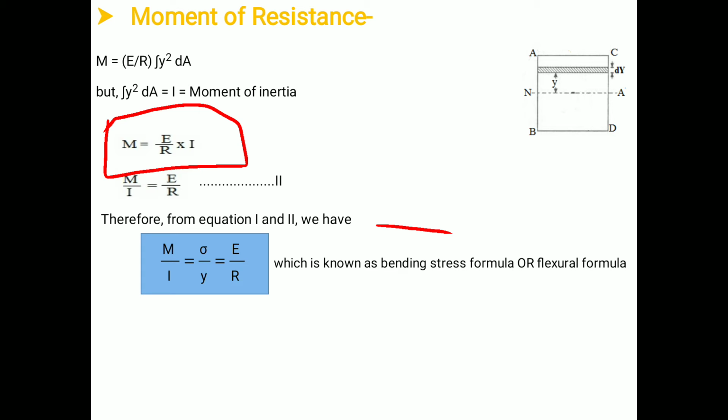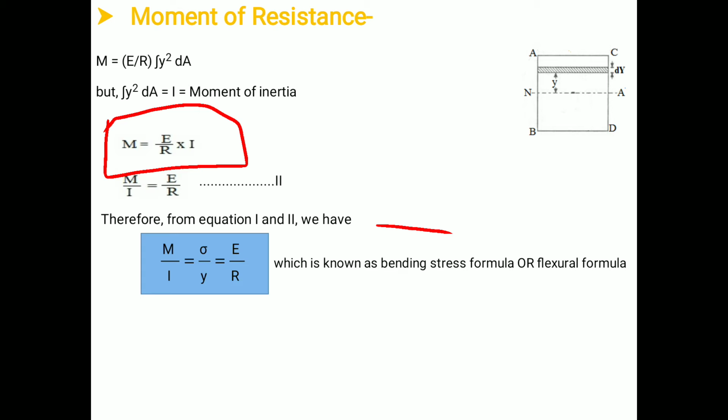From this equation, M is equal to the maximum bending moment. We are going to discuss each and every term right now. M is equal to the maximum bending moment, sigma is equal to the bending stress in the beam, I is the moment of inertia about the x axis. We have to consider I about the x axis only.